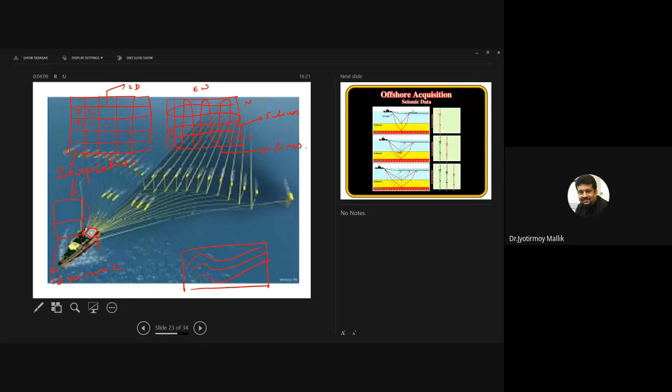Then there is also something called 4D seismic. What is 4D seismic? Suppose I capture a 3D seismic, maybe in 1990. Then I start producing from that field. Then, in 2020, I take another 3D seismic over the same field.